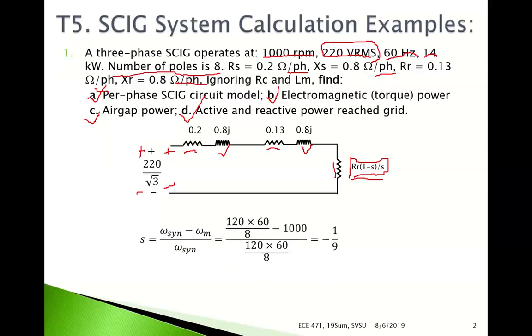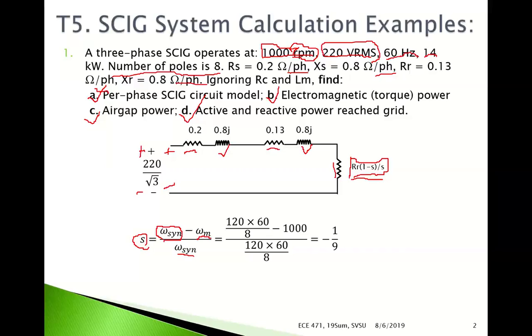And as to the second resistance value here, we need to do some calculation. Obviously we need to calculate the slip. Slip, according to the formula, equals the synchronous speed minus the generator speed, divided by the synchronous speed in the denominator. The very tricky thing is you need to be very careful about the unit. The given generator speed here, 1000, is in RPM, so your synchronous speed also needs to be in RPM, the same unit, so that you can do the operation between them.